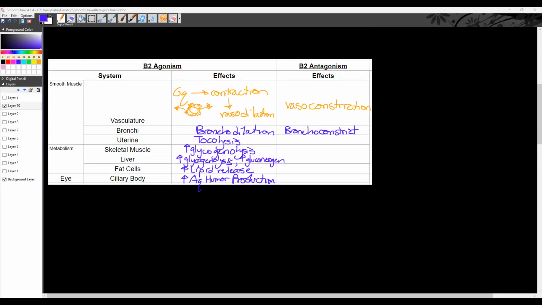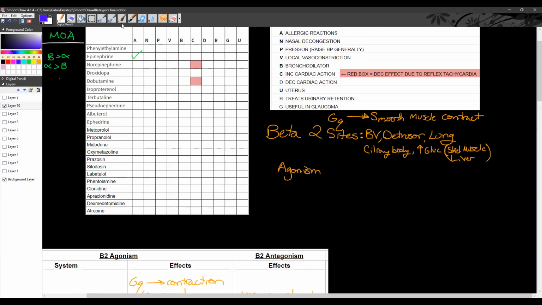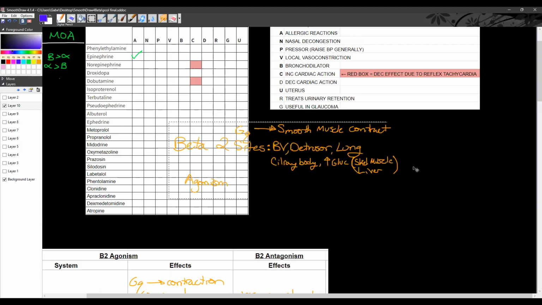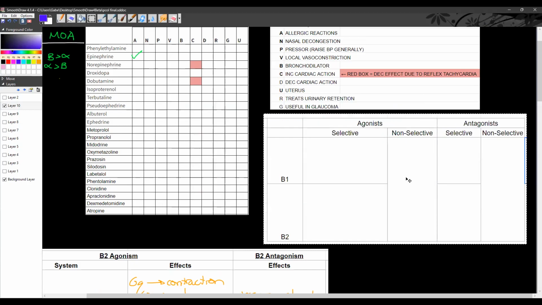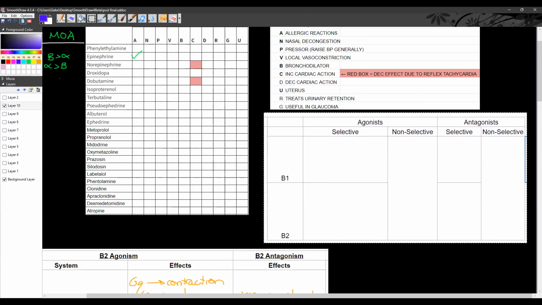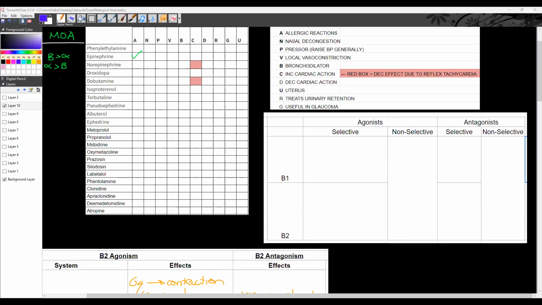Let's talk about some drugs. So, what are some of our beta 1 selective agonists? Sorry, beta 2 selective agonists, because we're talking about beta 2 right now. What are some beta 2 agonists you remember?